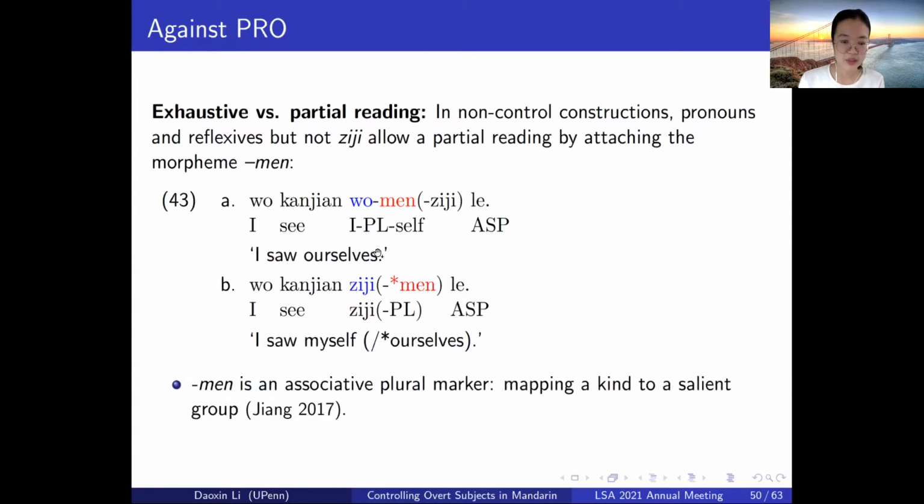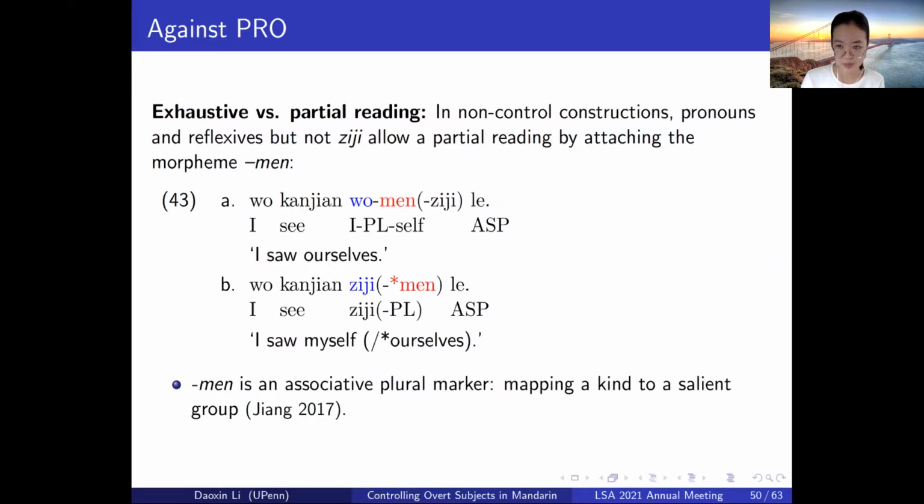But if we use the word 自己, then it's ungrammatical to attach the morpheme here, and the sentence can only mean "I saw myself," not "I saw ourselves." This morpheme is an associative plural marker in Mandarin.